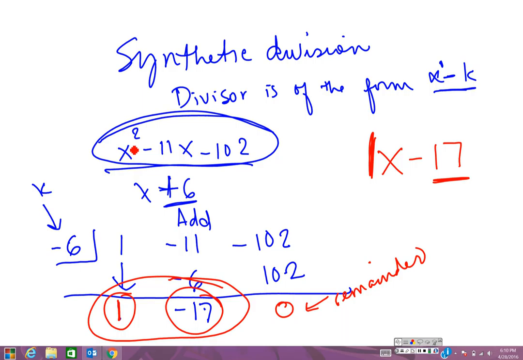So since we started with x squared, we always go down 1 because we are dividing by x to the first power. So our answer is x minus 17. So you can do synthetic division, long division, and you could have possibly factored x squared minus 11x minus 102 and cancel out with the x plus 6 as well. You will still have x minus 17. So 3 different ways to do that problem. Let's go to the next problem.